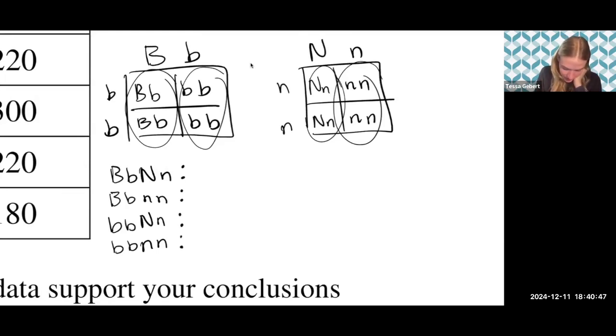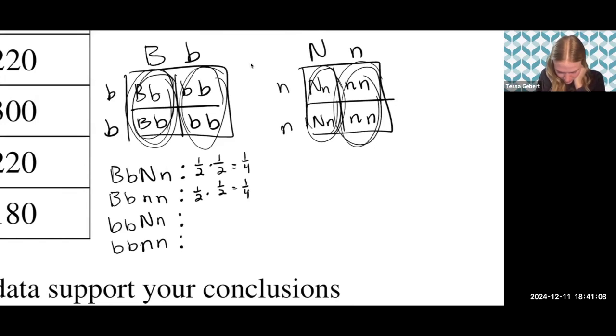Now let's go ahead and figure out the chances of each of these. So big B, little b: it's a 50% or 1/2 chance. For big N, little n, it is a 1/2 chance. So that is a 1/4. Same thing here, 1/2 times 1/2. Maybe you're seeing the pattern that these are all going to be 1/2 times 1/2.